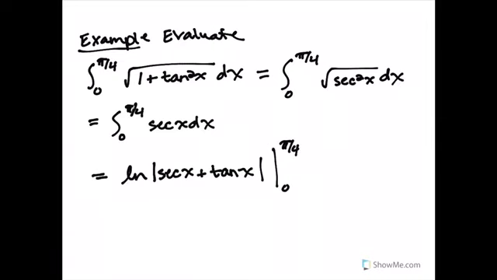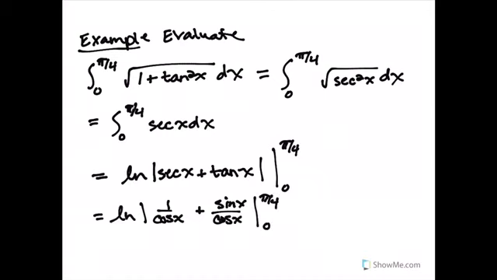Well, secant is the same thing as 1 over cosine. And I'm rewriting these so that I can evaluate them, right? I've got to evaluate these in numbers off the unit circle, and the trig functions I know off the unit circle are sine and cosine. So that's 1 over cosine plus sine over cosine, going from 0 to pi over 4.